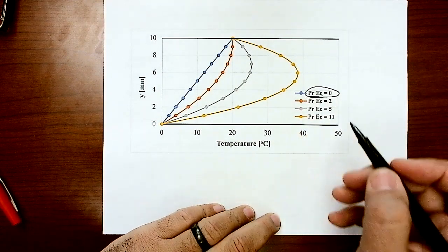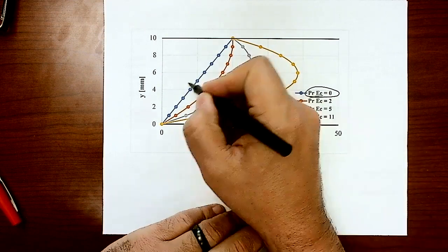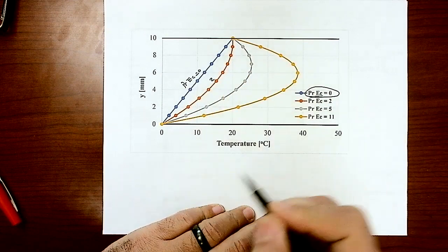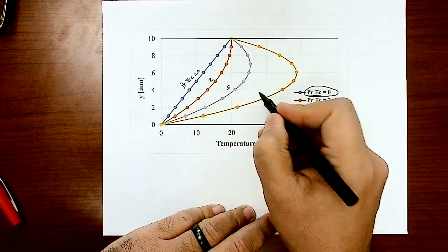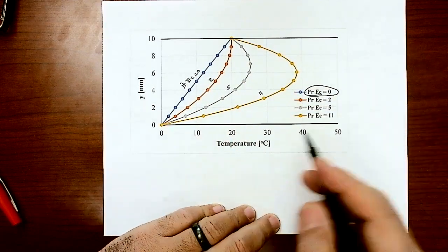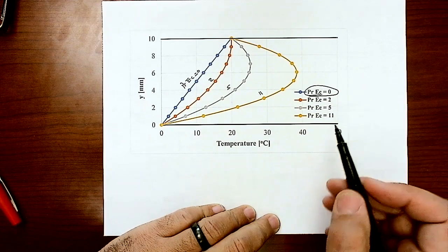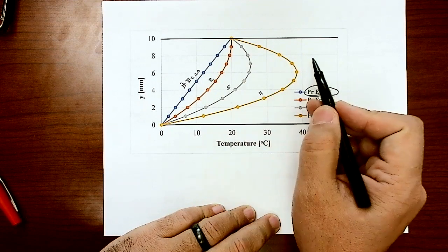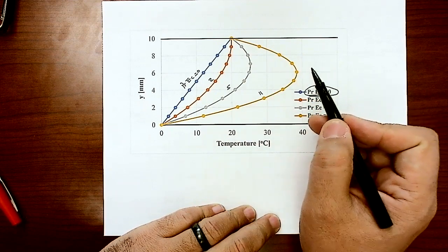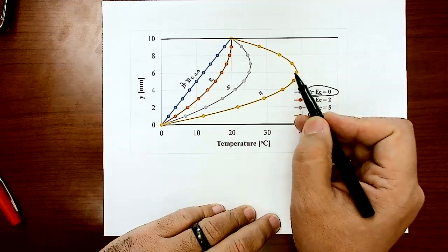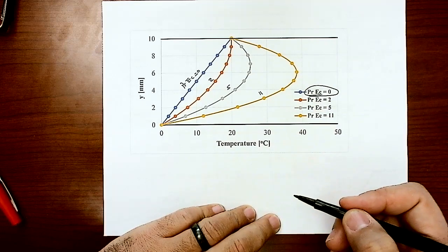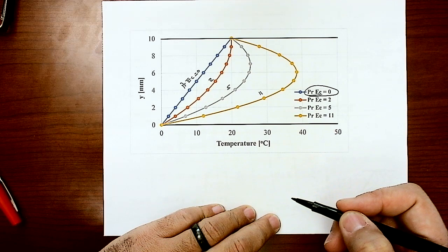Then I changed the combination to have that 2, so that's Prandtl times Eckert equal to 2, that's equal to 5, and that's equal to 11. It's clear that increasing the velocity is dragging the upper layer to move faster, and the transport of energy also increases with the kinetic energy here. So that's a combination here of different conditions.